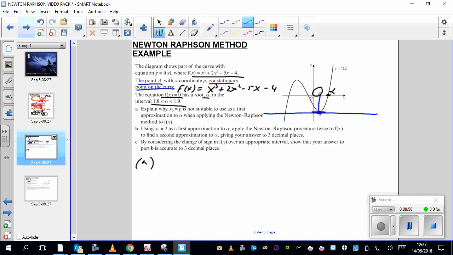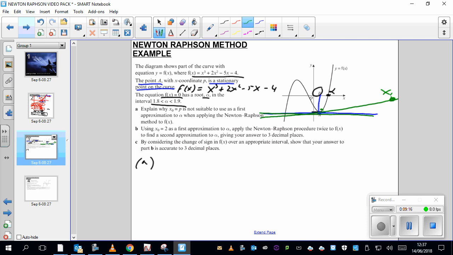If the tangent was slightly to the right of the stationary point, even if just subtly, the gradient will be such that eventually this tangent will cross the x-axis and therefore give me a new approximation which I can work with. But I can't work with it if the tangent doesn't cross the x-axis.